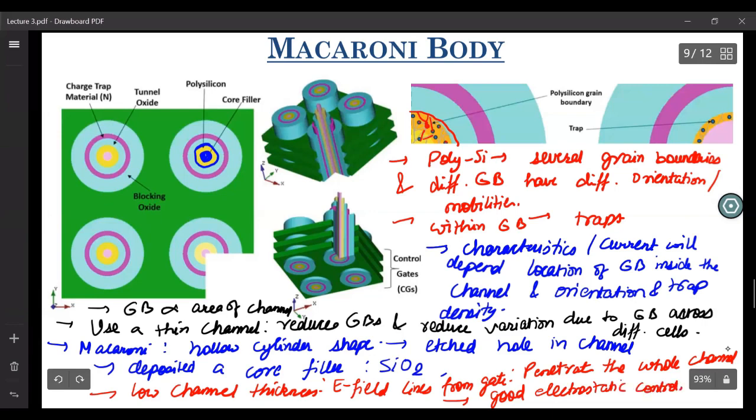So just by introducing this core filler and this macaroni body, they were able to reduce the variation due to grain boundaries across different cells, as they reduced the number of grain boundaries. At the same time, they were also able to improve the electrostatic control of the channel region. So it was very beneficial.